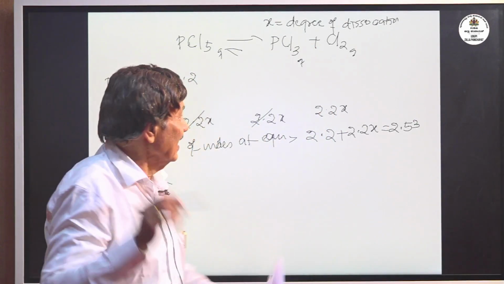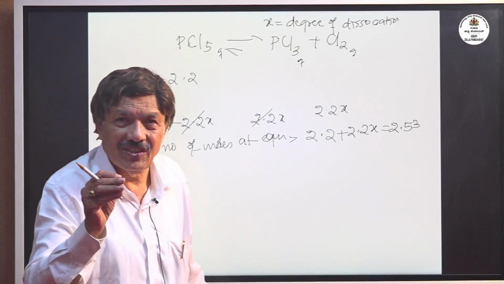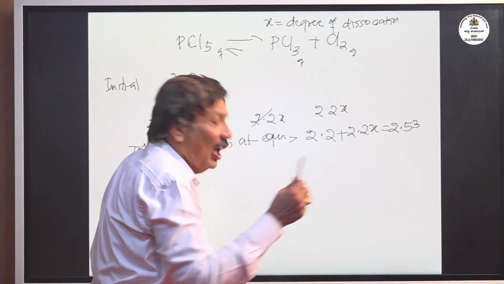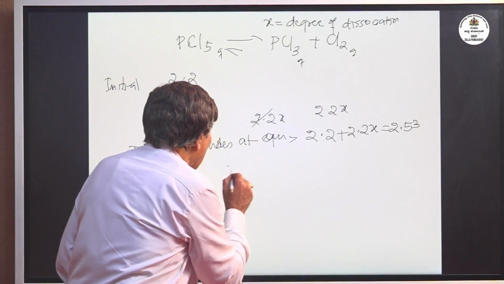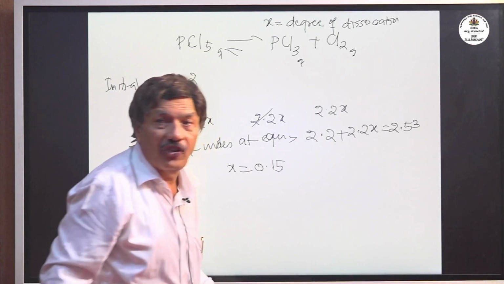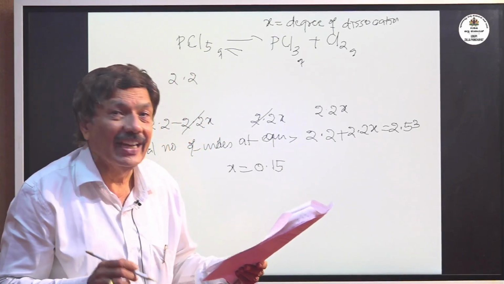So in this, if you solve for X, I don't want to give much time for simplification. So it is algebra. Solve for X. So X will be 0.15. If you simplify and solve for X, X will be how much? 0.15. That is the degree of dissociation.